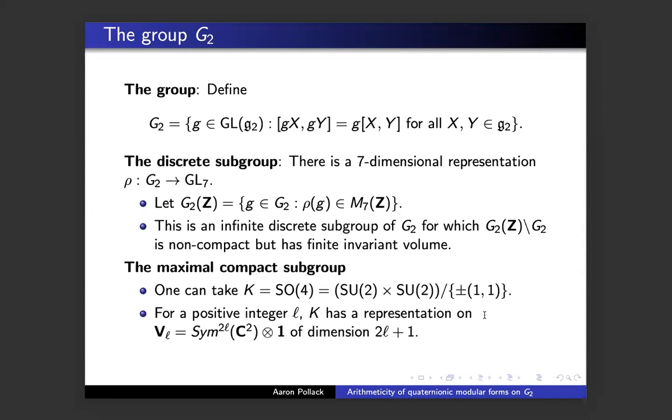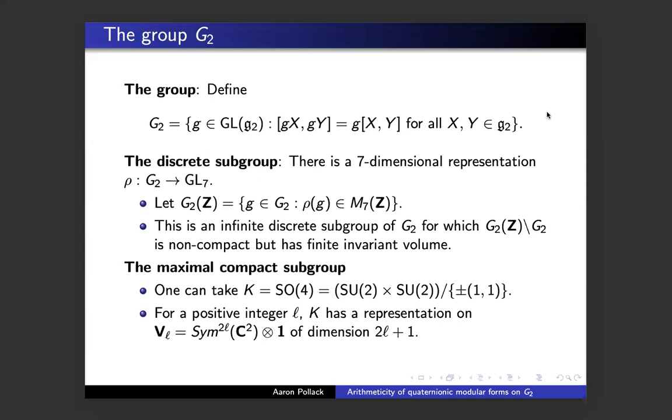Okay, thanks a lot. Maybe one more question. This 7-dimensional representation, rho, can it be described in terms of the Lie algebra that you wrote in the previous slide, which has dimension 14, or does it have nothing to do with the Lie algebra? It's easier to go the other way.